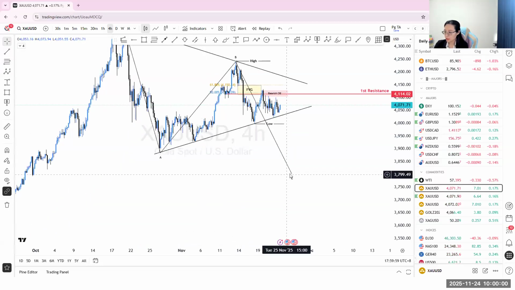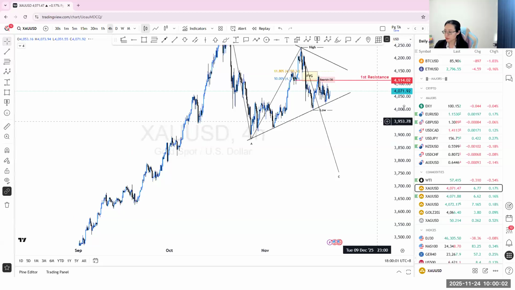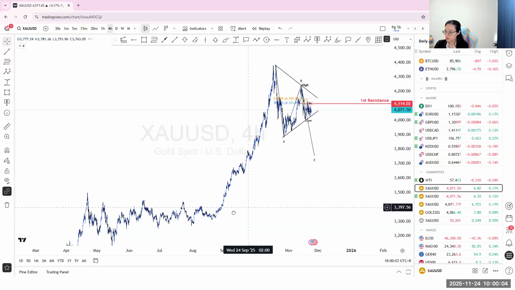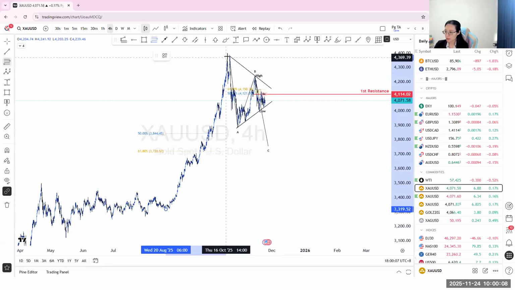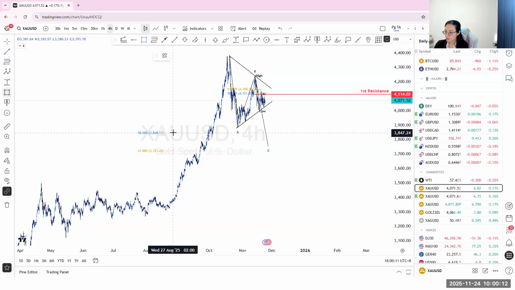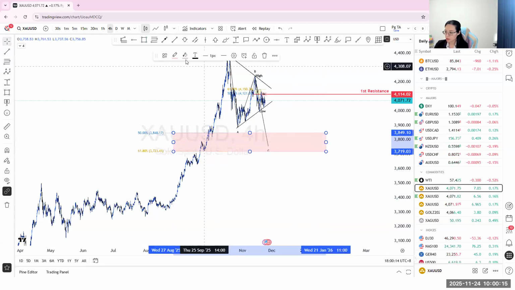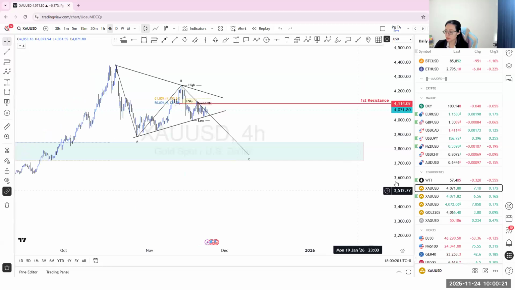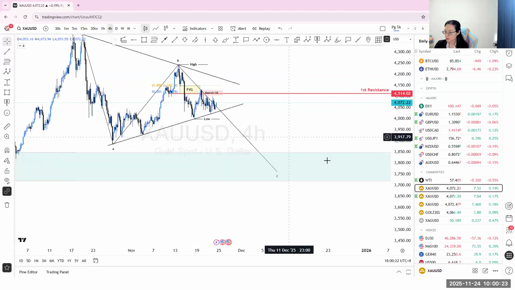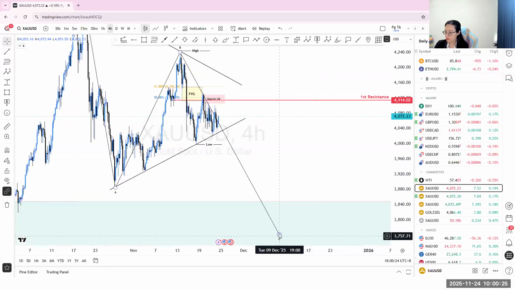That is okay. And the C is going to be here in the bigger picture, from this swing low to the swing high. My C is going to be 50 to 78.6%. This is the zone. I could be wrong, but it looks like that, in the bigger picture.